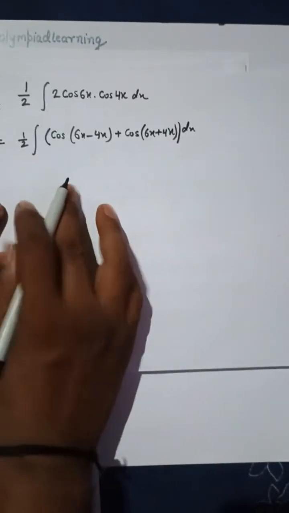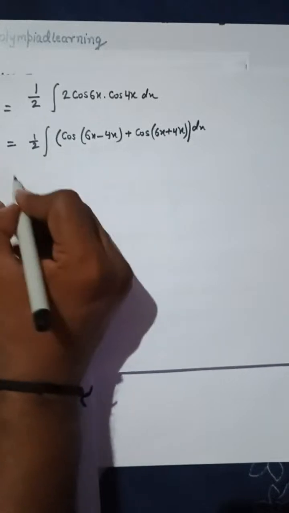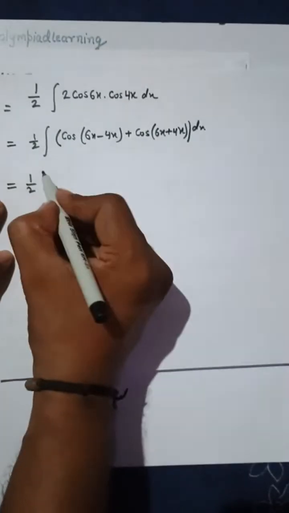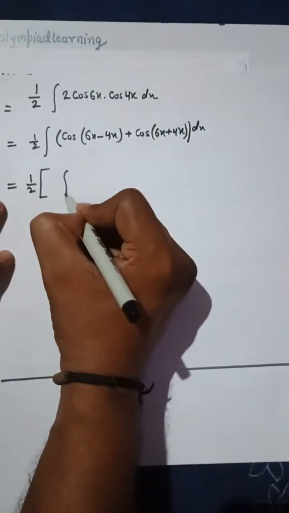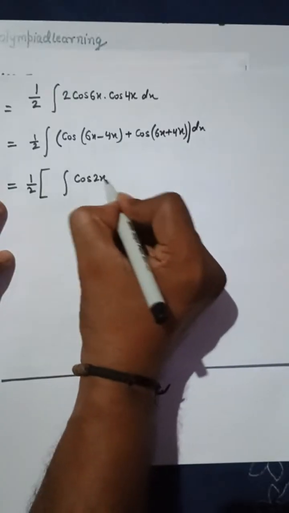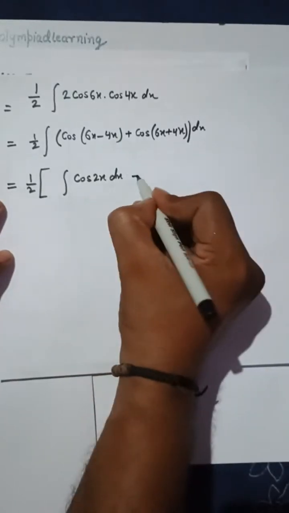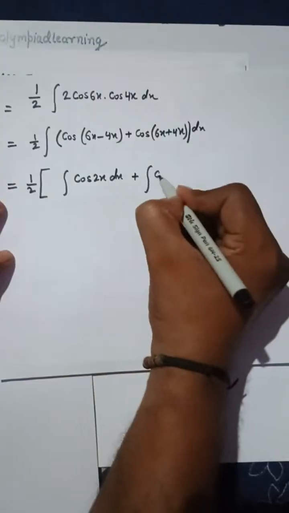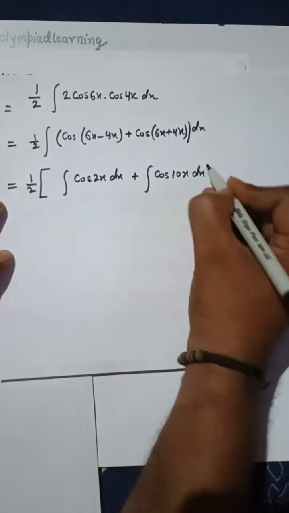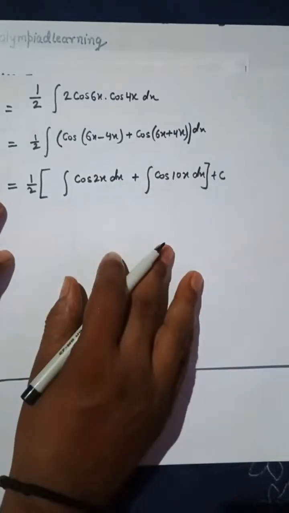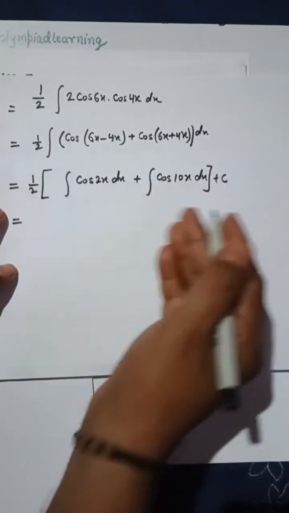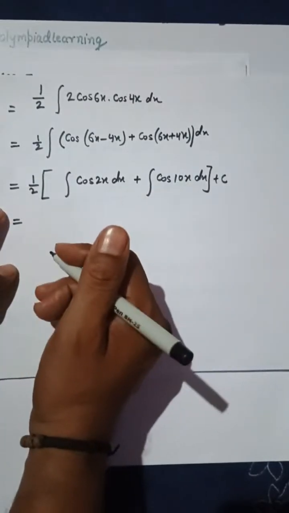Let's do here. 1 by 2 and then integration cos 2x dx plus integration cos 10x dx plus c. So everything is okay. Solve now. Only one step we are having.